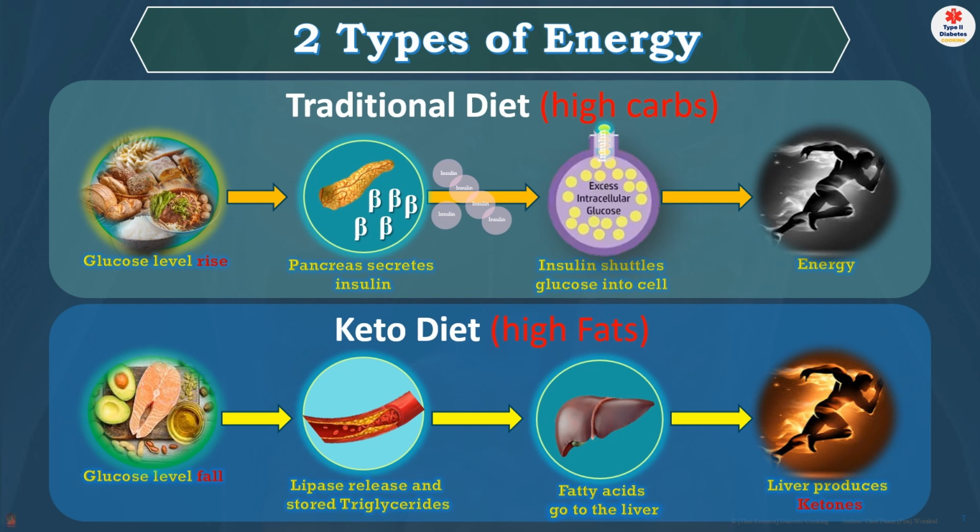So the beta cells release insulin into the system. Then the insulin helps grab the glucose and shove it into the cell, where they accumulate and store it for energy.